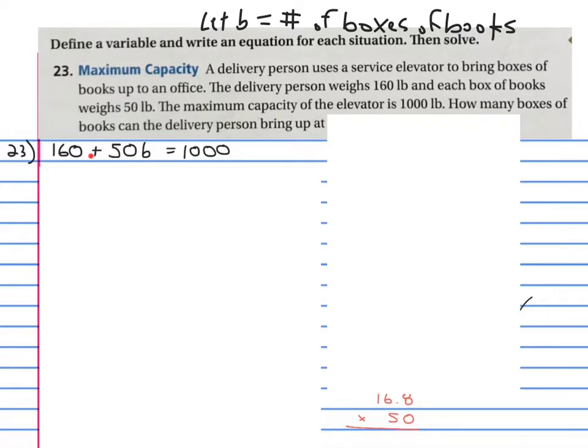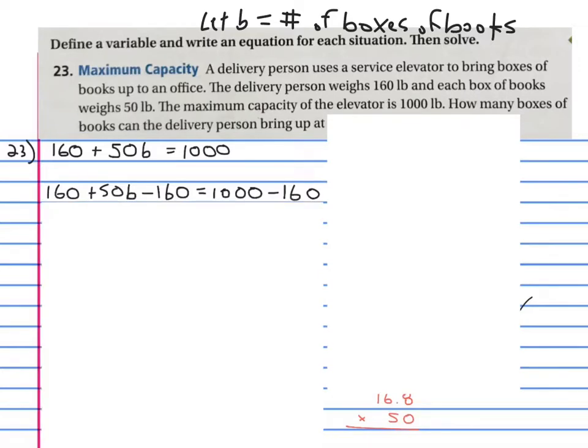Okay, and what we need to do is subtract away this 160 from both sides. So you can see here, I've skipped a line, and then I've rewritten the original expression from the left side, 160 plus 50b, and I'm taking away that 160, minus 160.